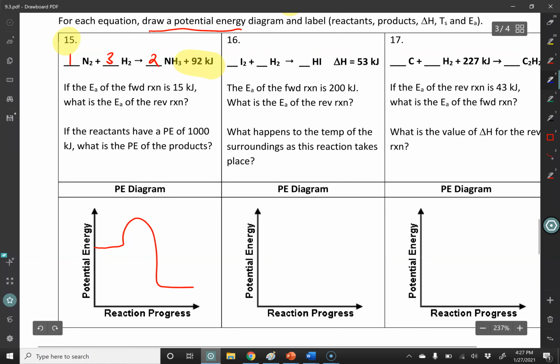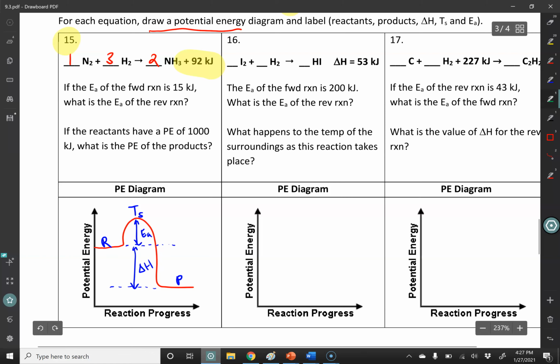Easy enough. Let's start labeling my reactants, my products. I know the transition state is going to be the highest part of the graph. I know that activation energy is the energy from the reactants to the top of the hill. And I know that the delta H is going to be the difference between the products and the reactants.